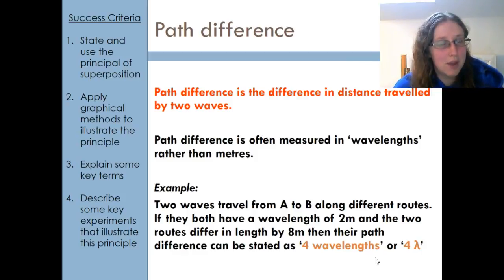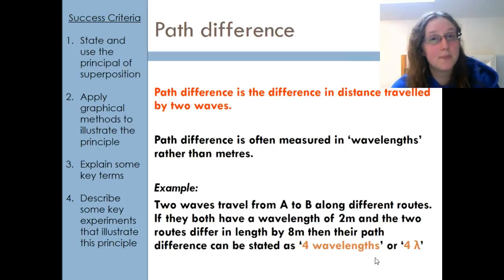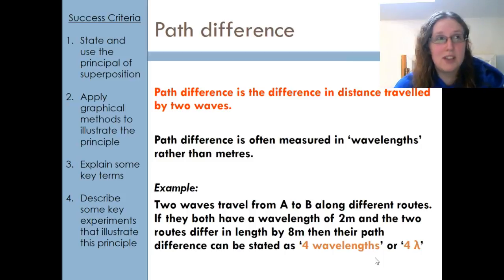Now we could also talk about phase difference, and we talked about phase when we met waves. That's just looking at what different point in the cycle the two waves are at when they meet. If one is at a peak and the other is at a trough, they are 180 degrees out of phase. If they both arrive at a peak, they would be in phase.